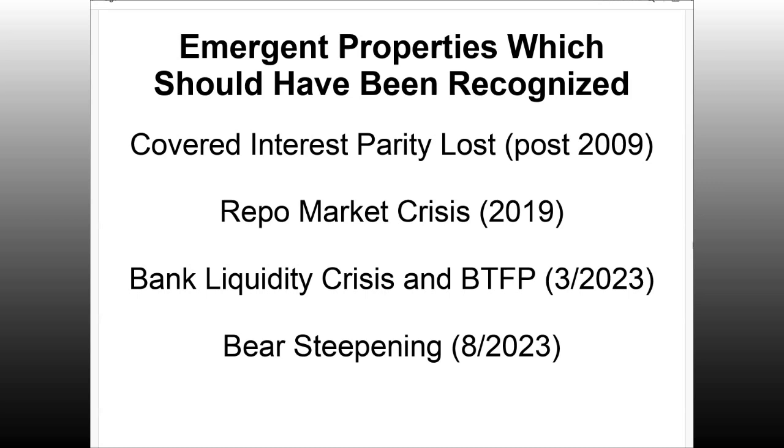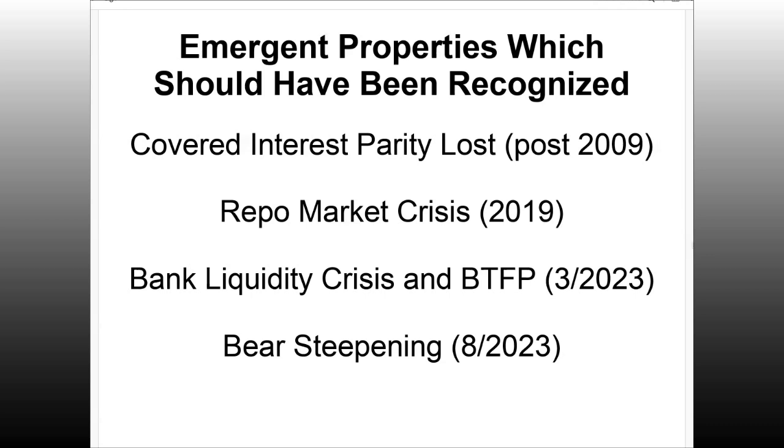But again, this is an assumption in the model, which needs to be questioned, not only from re-examining the model on an etiological rather than an ontological basis, but from examining emergent properties, novel data points, which should have led us to see that something unusual, something previously unseen was going on. And in July, August of last year, we saw that in terms of the yield curve.